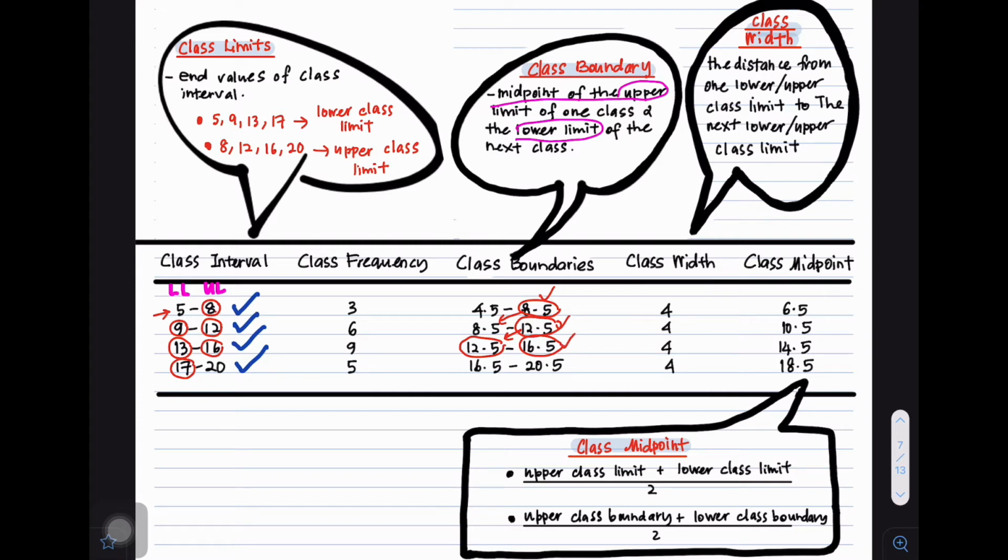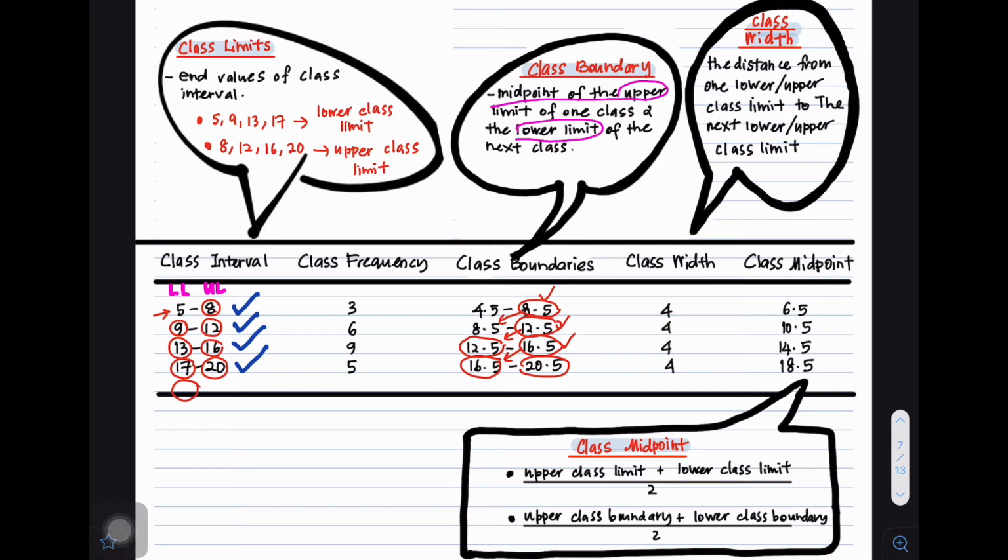And for the next class, the lower boundary will take this value, and the upper boundary will take the value of 20 plus the lower limit of the next class divided by 2. So how come we know the lower limit of the next class is by looking at the pattern. So kalau awak tengok dekat pattern, dia daripada 5 sampai 8, dia punya size 3.